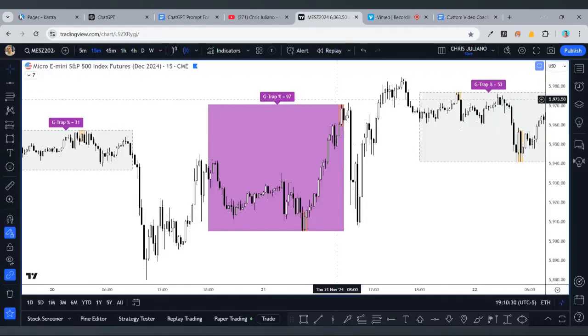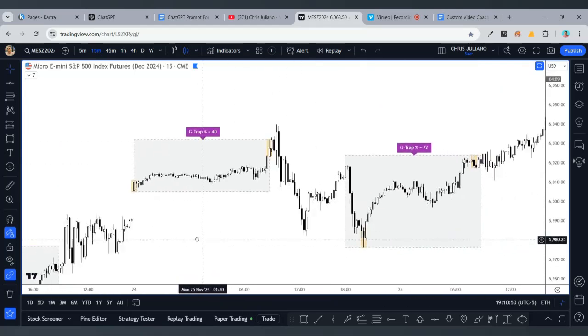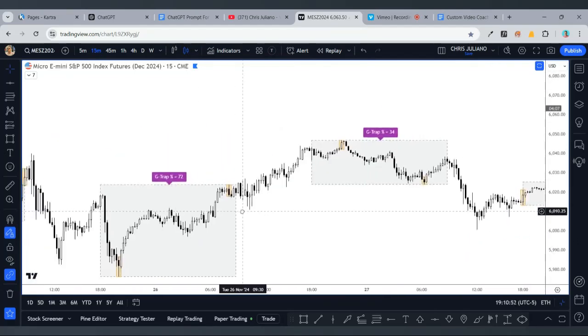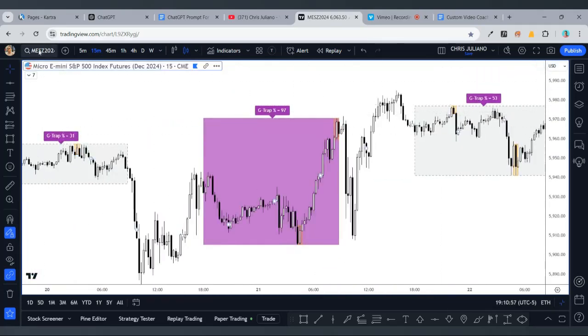Okay, so the Globex trap indicator that's in your TrendCloud system is going to work like this. Anything that is over 75, okay, it's going to turn this box purple. You can see all of these are not purple. So there's no Globex trap anywhere until you scroll all the way back here, and we're on the current contract of the micro S&P.